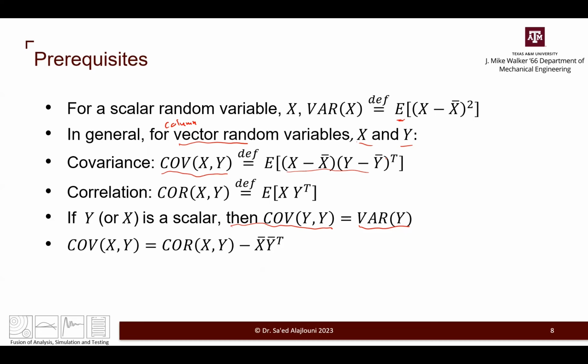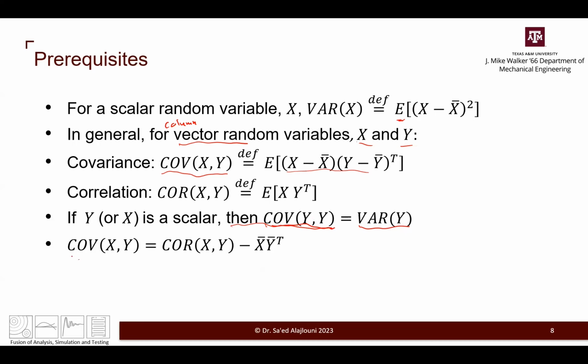We calculate the expected value, so you get numbers. For example, in the autocovariance case, the diagonal elements are going to be the element-wise variances, or the variances of each element in Y. And the off-diagonal elements are going to be the correlation between the different elements in the Y vector.